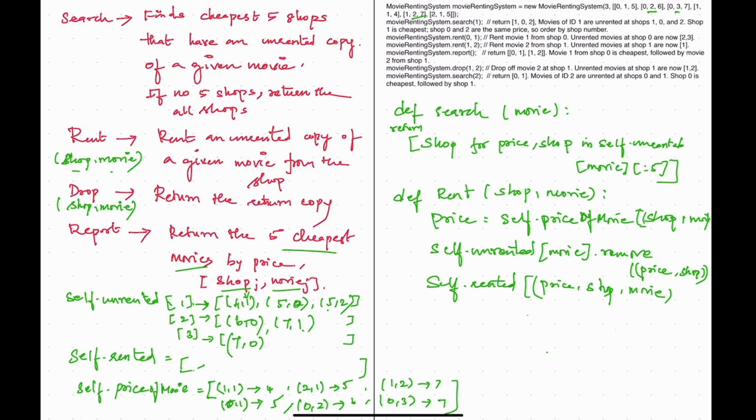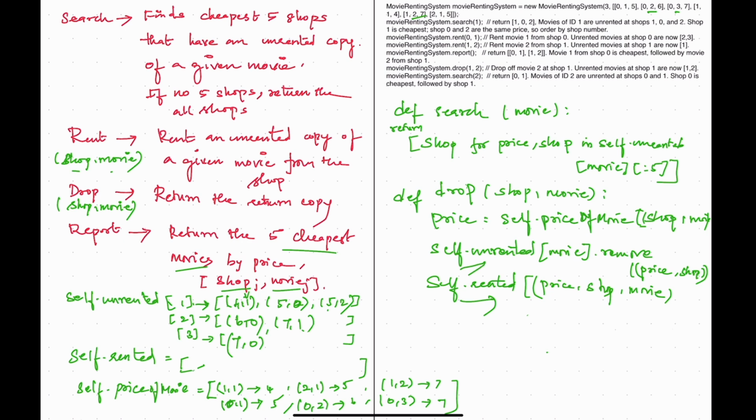Drop is nothing but the same. You're removing from the rented and pushing it back to self.unrented. Basically, drop is like whoever took the copy for rent is now going to return it. So that will remove it from the rented and add it to the unrented.